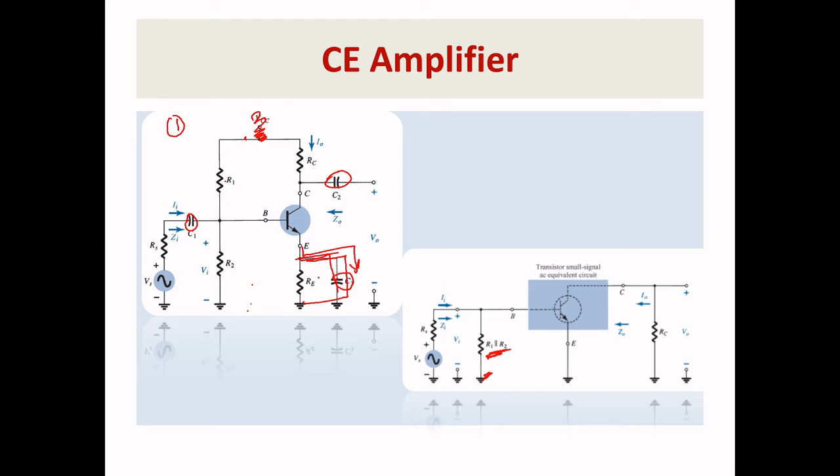Only in the DC analysis this RE will work. In the AC analysis this will be short circuited and here it is not represented. That is the reason. Then RC, DC supply was removed, so RC will be connected to the ground, you can see. So input voltage is Vi and output voltage is V0.